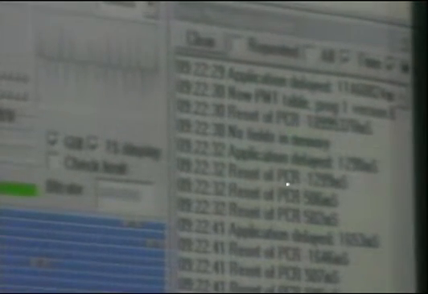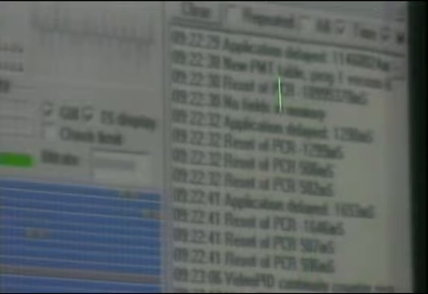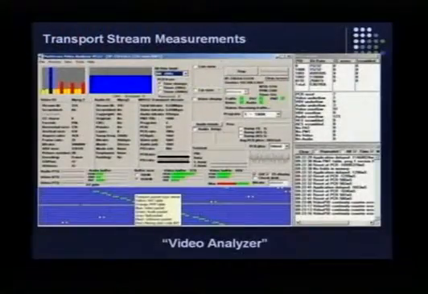You will see, with my modulator, I will have a reset of PCR, and so on. I can have information about underflow and overflow of the buffer, PCR reset, continuity error on PID.